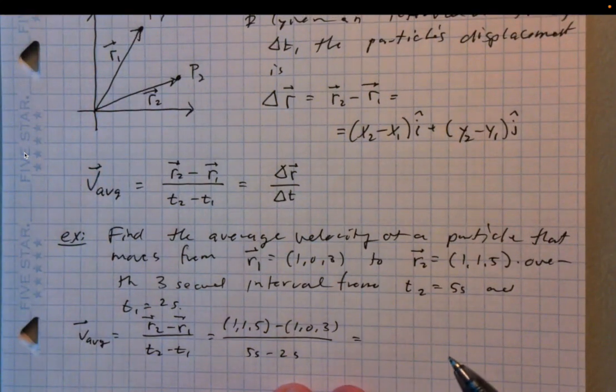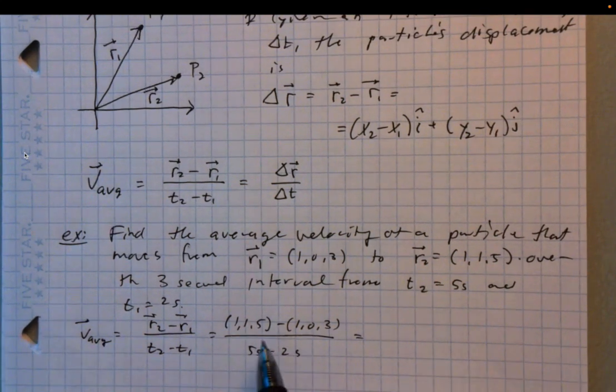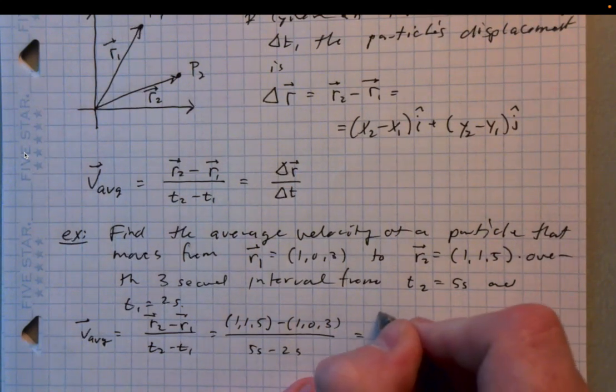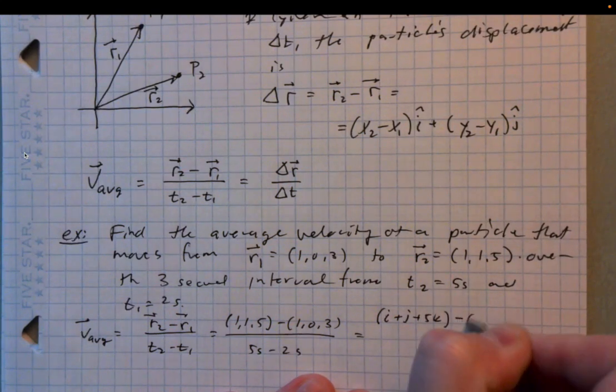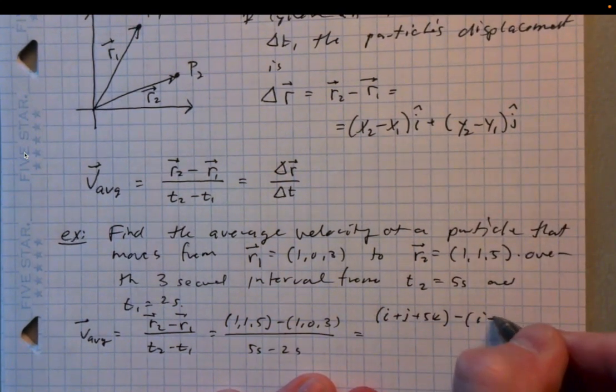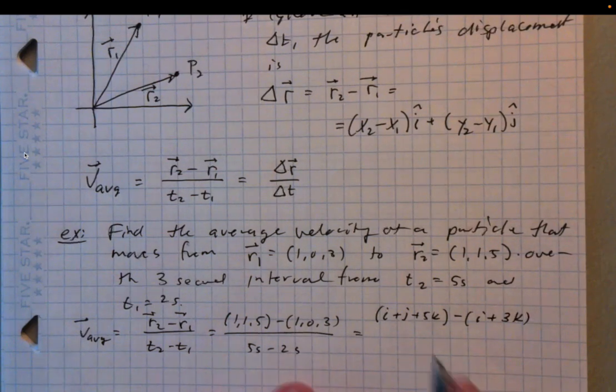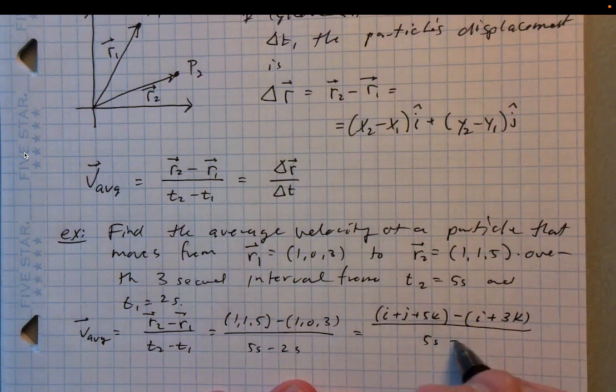It's fine to think of it in this format, and this is how you would think of it in a linear algebra course. But in physics, it is more common to write this using the i, j, k notation. So another way to write this would be i plus j plus 5k minus i plus 3k, all over 5 seconds minus 2 seconds.